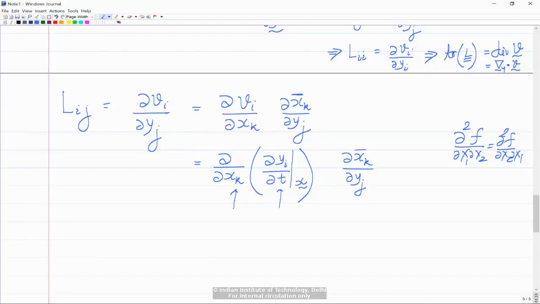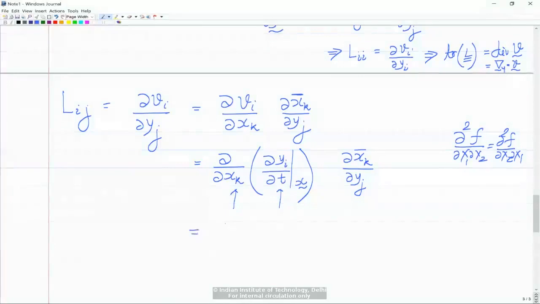Remember, if instead of xk you had yk, then you could not flip the order of derivative, because yk and t are dependent. yk is also a function of time in the Lagrangian framework. So let us do that now.